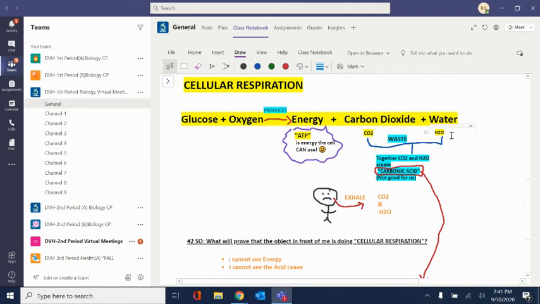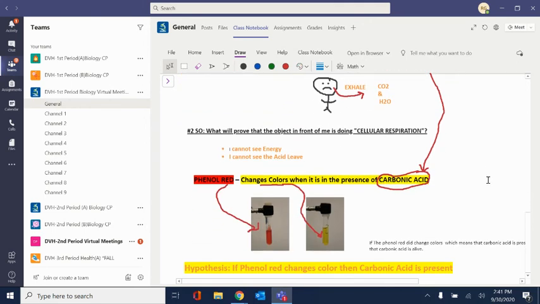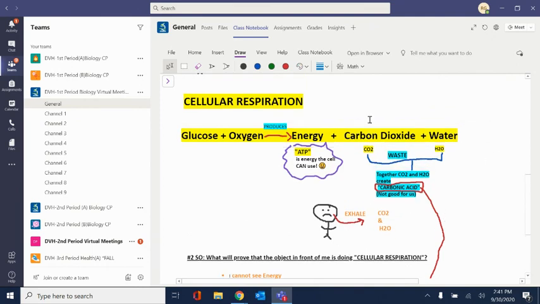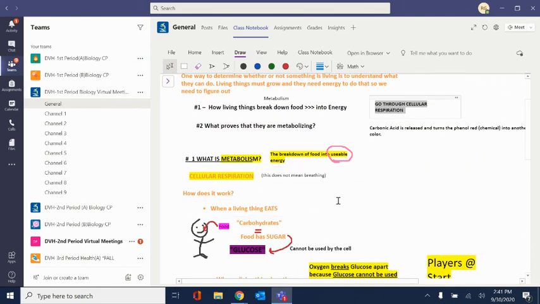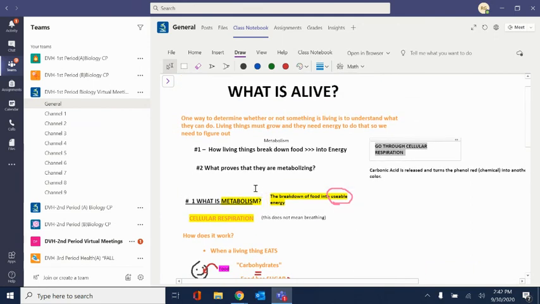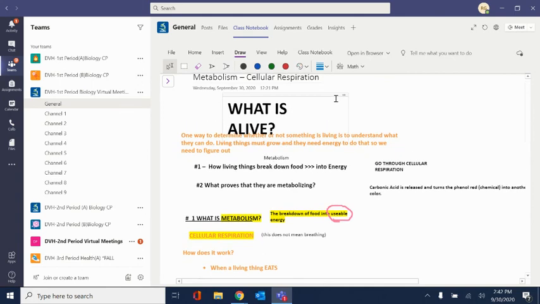But this proves that something is alive if it's in the presence of phenol red, because the phenol red will change colors. Carbonic acid is an indicator that cellular respiration has happened. If cellular respiration has happened, then that organism has metabolized, and therefore it can be categorized as alive.